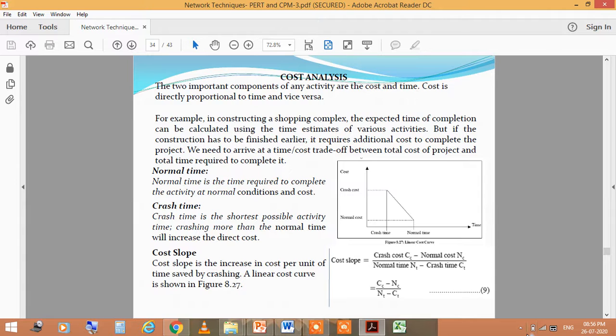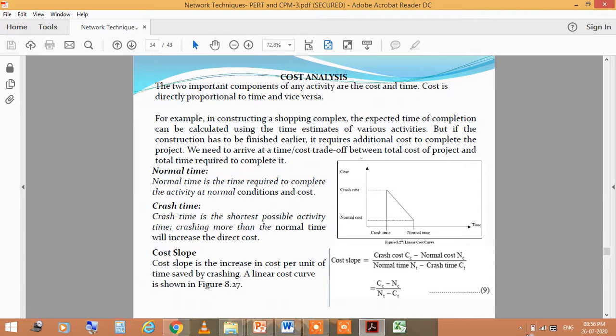We need to arrive at the time-cost trade-off between total cost of projects and total time required to complete it. So the normal time is the time required to complete the activity at normal conditions and cost.